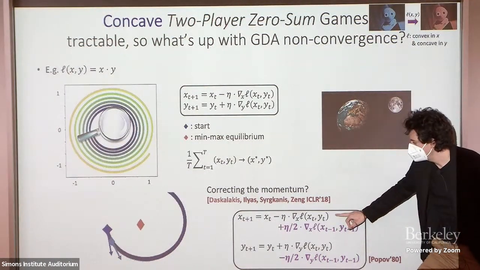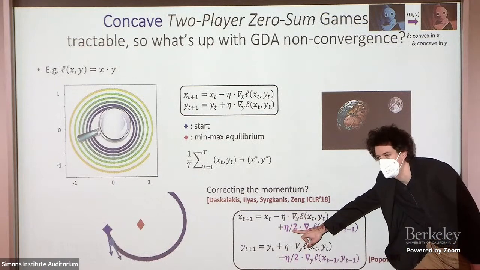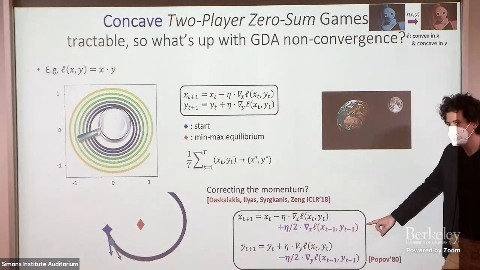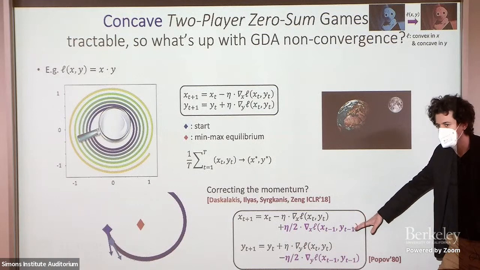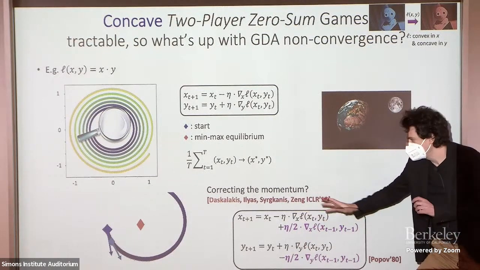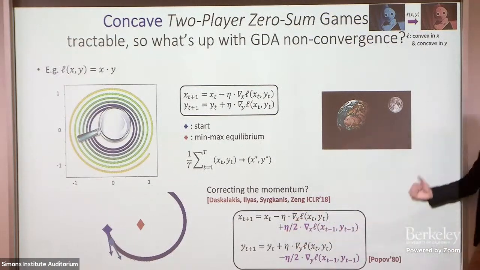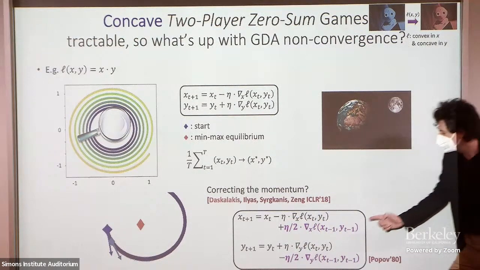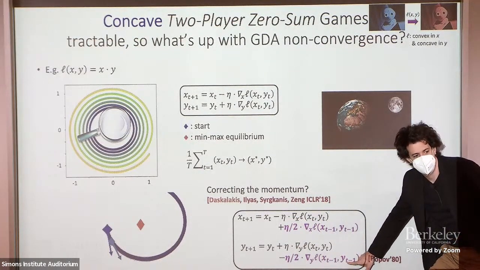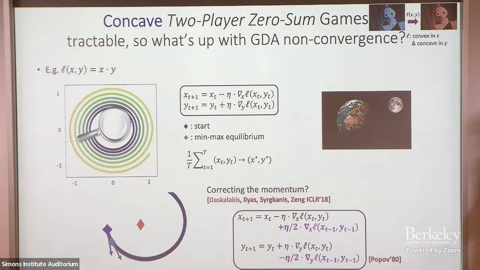So at step t, at half the step size, I am undoing, and I'll explain why you may want to undo this in many ways. But you're undoing a little bit of yesterday's gradient. Similarly, the maximizing agent is undoing a little bit of yesterday's gradient.